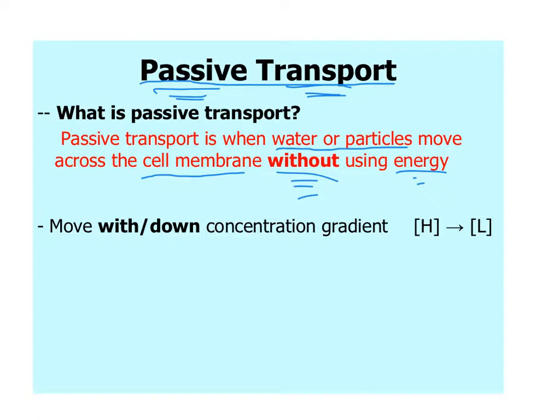And the reason they don't use any energy is because they're moving with, or sometimes it's called down, their concentration gradient. And all that means is these substances, the water or the molecules, are moving from high concentration to low concentration. And whenever you do that, it does not require any energy.